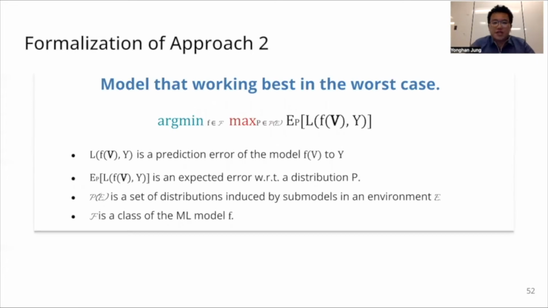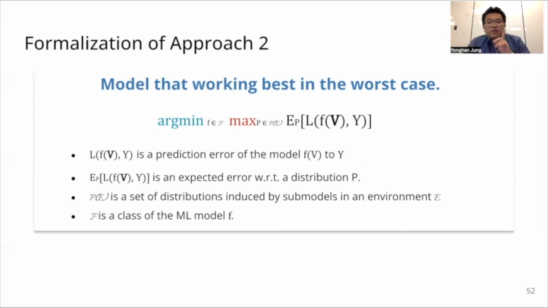So here's some formalization in math. Here, f(X) is a machine learning model, Y is a label, L is a prediction loss, and this is the expectation over P. So this is the expected prediction error of the machine learning model f for the true label. Approach two says that we have to find a model that works well for the worst environment.